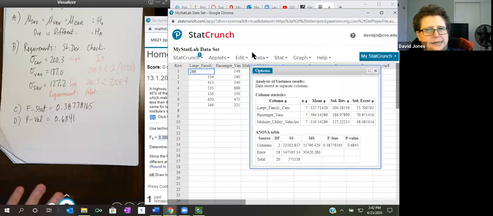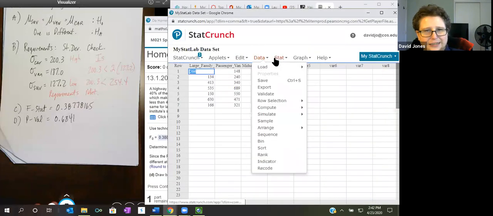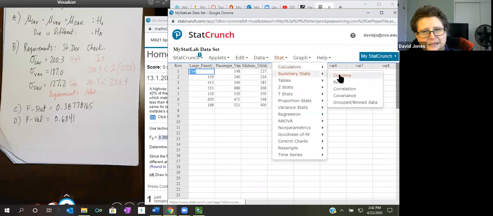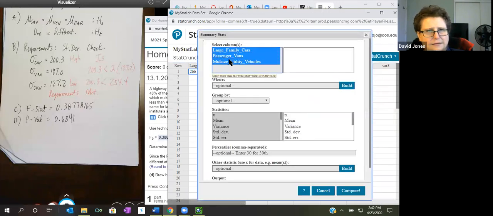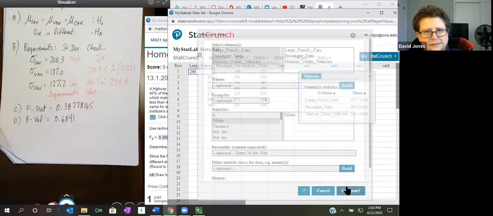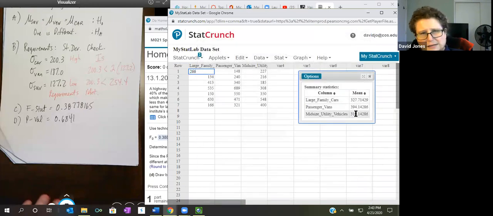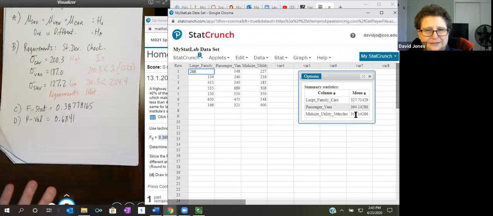Draw box plots. I'm kind of curious what the means are. Let's take a look. Looks like that passenger van one's not a whole lot larger, but larger. Looks like the SUVs have the smaller one.